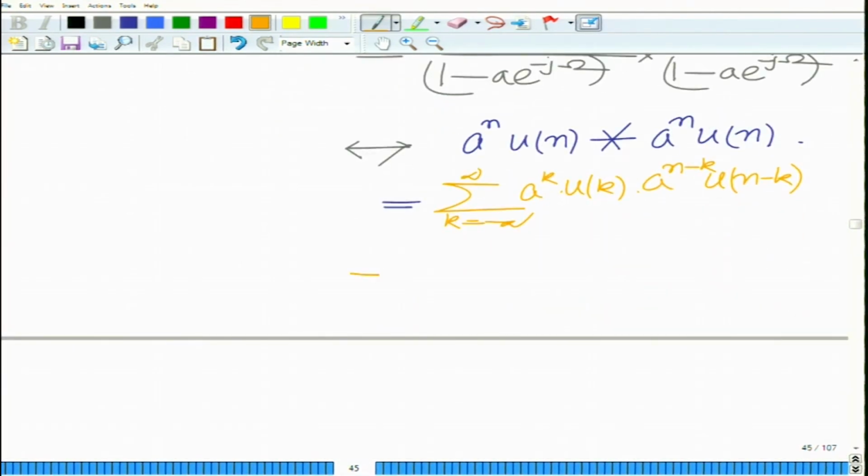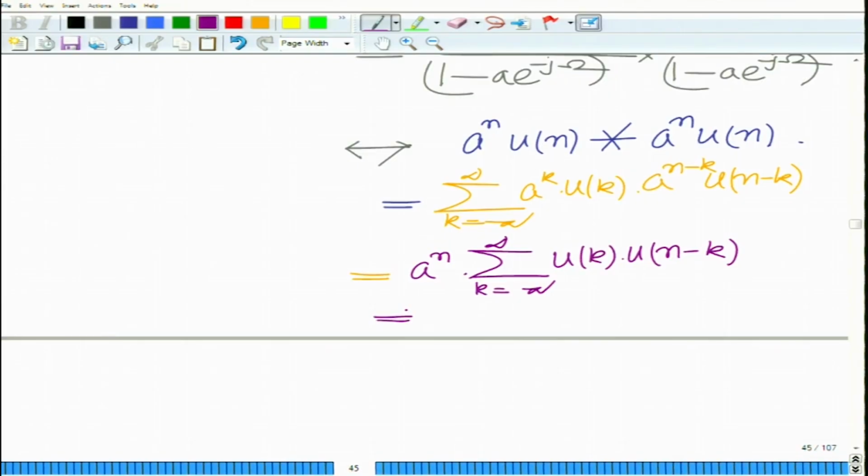which is basically equal to a of k into a of n minus k is a of n, which does not depend on k, hence comes out of the summation. Now, summation k equal to minus infinity to infinity u of k into u of n minus k is non-zero only for k greater than or equal to 0 and k less than or equal to n.